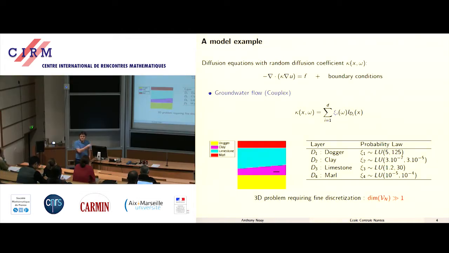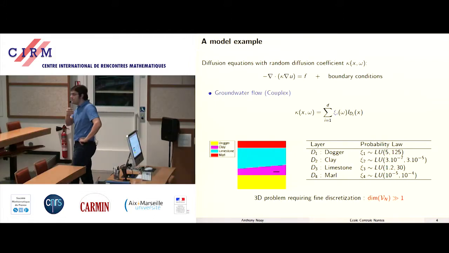It was a benchmark called Couplex, where the uncertainties were the diffusion coefficients in the different geological layers, and the probability law for these diffusion coefficients, which is constant per layer, was given by geologists, in fact log normal, log uniform random variables in this benchmark.